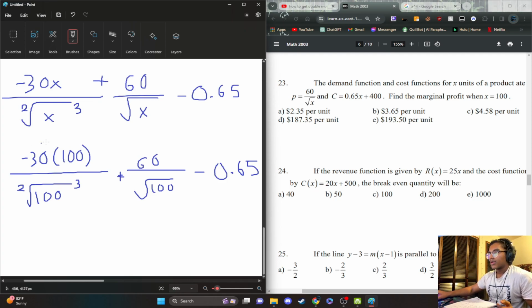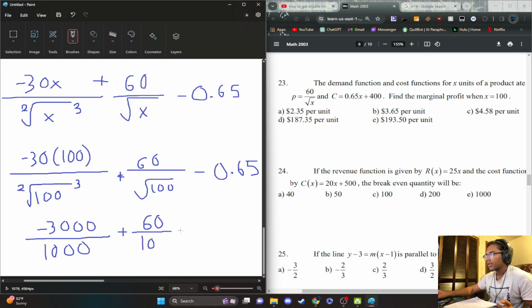So first things first, 30 times 100, negative 3,000, over, now the square root of 100 is 10, right? And 10 to the third power is 1,000. So that's your first step, and it's 60 over the square root of 100, which is 10, minus 0.65.